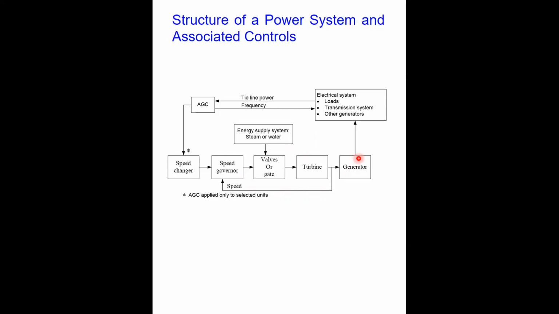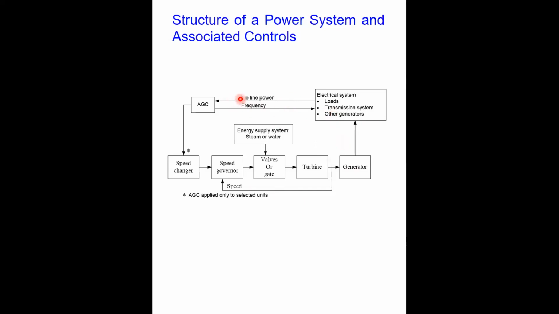Then the generator is connected to your network, feeding power to the load, and then again several generators in the other power plants. So you have the information this way, and then you get the frequency information, you have the tie line power flow because the generators are interconnected.